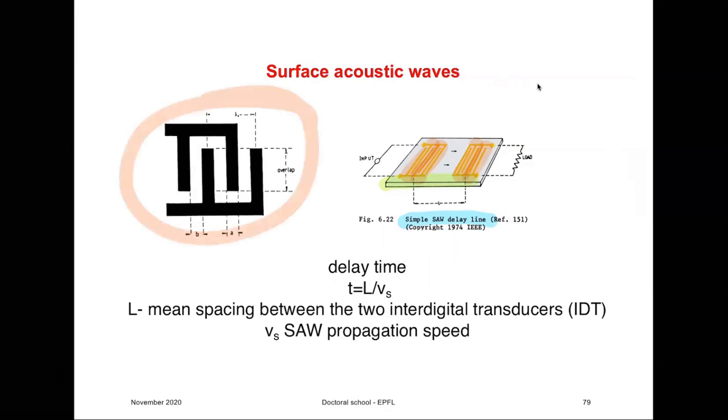Then you have an input electromagnetic signal that comes on this set of interdigital electrodes, and causes through the piezoelectric effect a surface acoustic wave, which will propagate on the surface and come to the second set of interdigital electrodes.